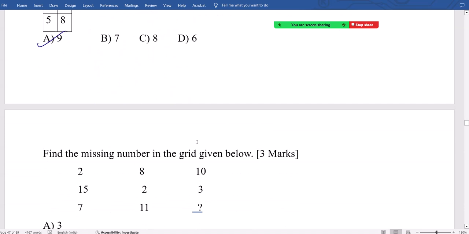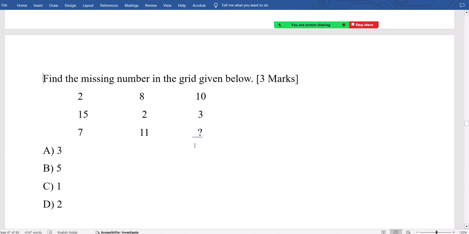And this is again a question where let's see how many of you can crack this. 2, 8, 10, 15, 2, 3, 7, 11, question mark. That is good learning for you people in this question.